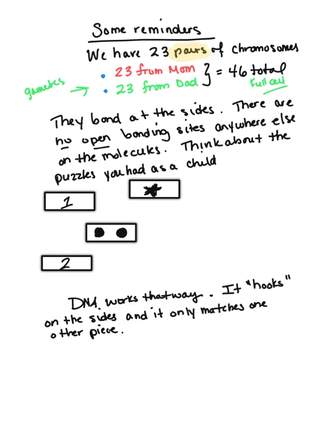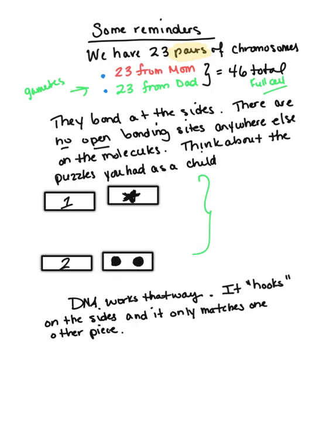You had 2-piece puzzle, but you had like 20 pieces. I can take the 1 picture and move it to the 1, and I can take the 2 picture and move it to the 2, but I would never have been able to put the 2 with the 1. It wouldn't have fit.